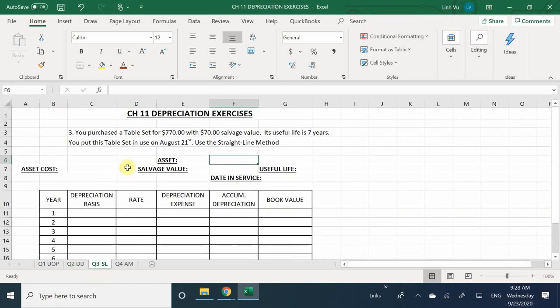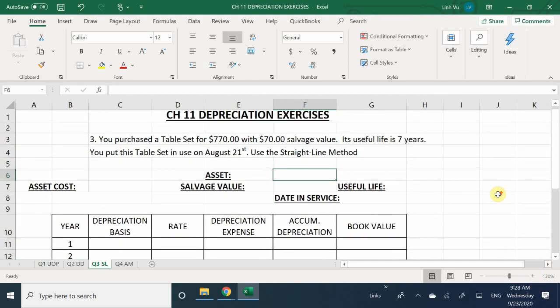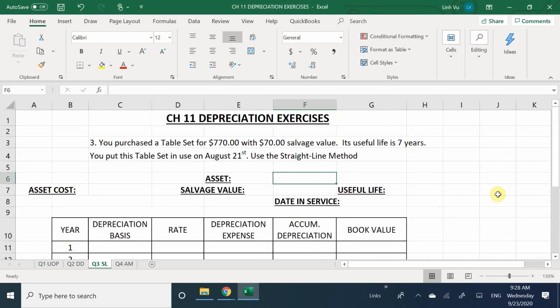So, question number 3. Let me make it a little bigger for you guys. Okay. So here, question number 3, you purchase a table set for $770 with $70 of salvage value. Its useful life is 7 years. And you put this table set into use on August 21st.